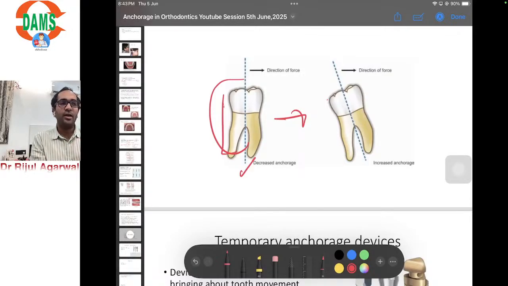Now we have leveling, alignment, space closure and finishing and detailing, the stages of orthodontic treatment, if you know. But earlier there used to be an additional step known as anchorage preparation. This distal tipping was part of anchorage preparation. So you used to prepare the anchorage unit, then extract the teeth and then correct the proclination of anterior teeth by retracting.